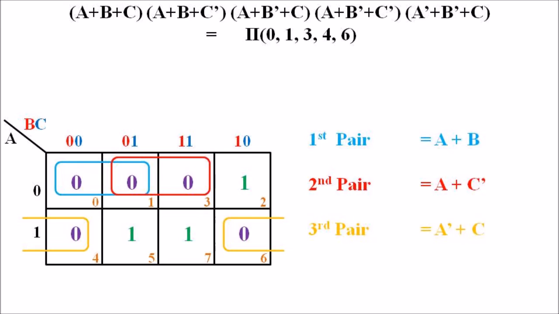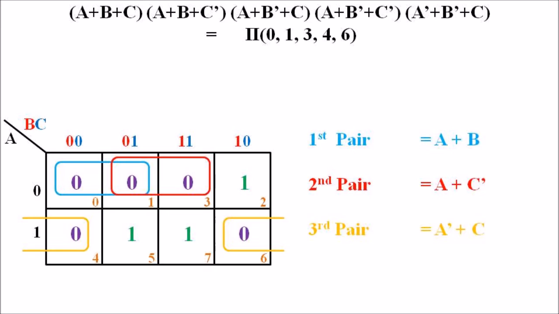Thus we can ignore the value of B and we should take the value of C. Here for the reduction we can see that the A value is 0 and the C value is 1. Thus the reduction of the second pair is equal to A plus C dash. Since we are dealing with A equal to 0, we take A, and since we are dealing with C equal to 1, we consider C dash. Thus the reduced pair is A plus C dash.